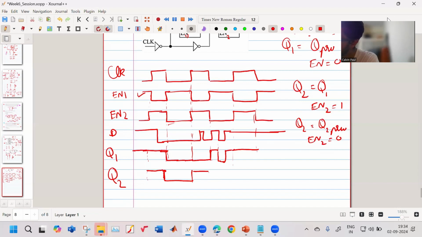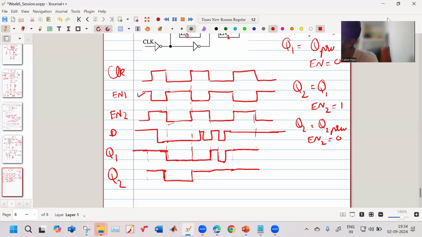Next, when enable 2 goes low, it will hold the previous value. Then when enable 2 becomes high, it will take the value of Q1. Q1 is 1, so it will hold on like this.